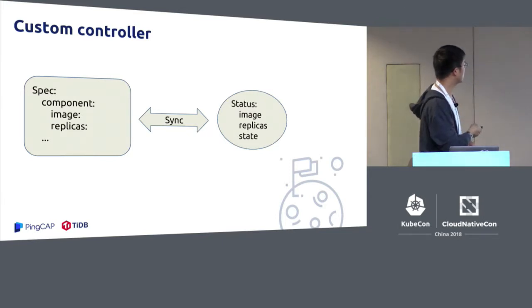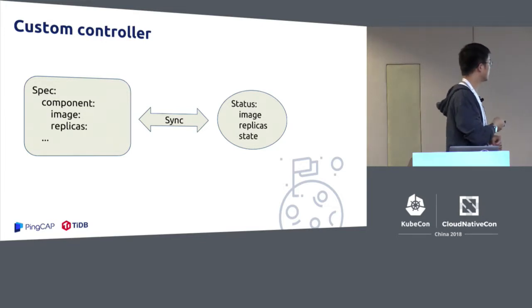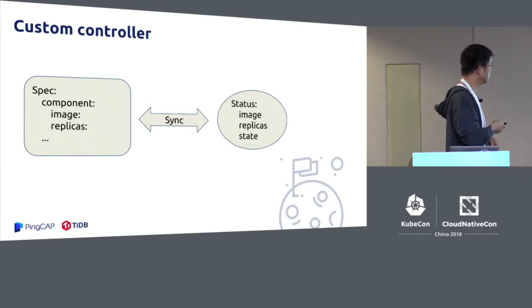With the custom controller, users define a custom resource definition like this. The components, namely PD, TiKV, TiDB, and others, have image, replicas, resource limits or requests, and other fields.